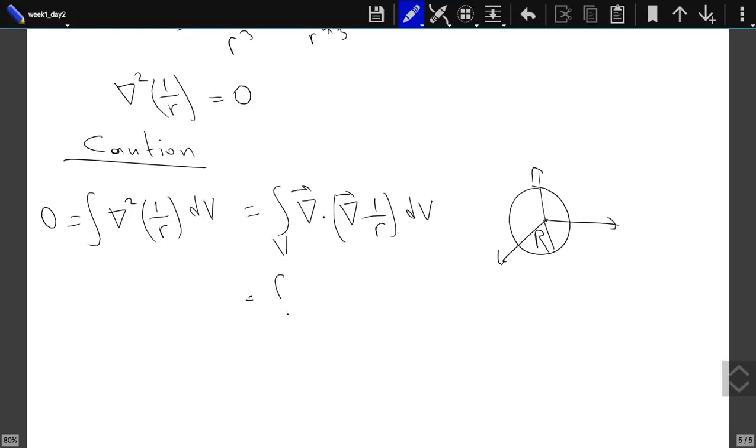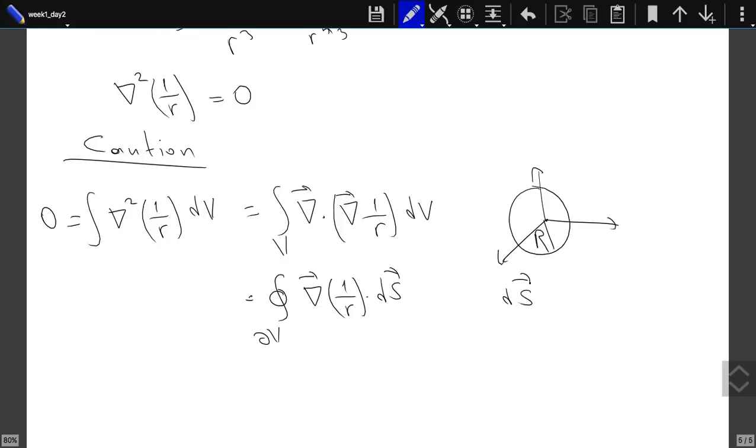So this is equal to the integral over a closed surface of the gradient of 1 over R dot ds.